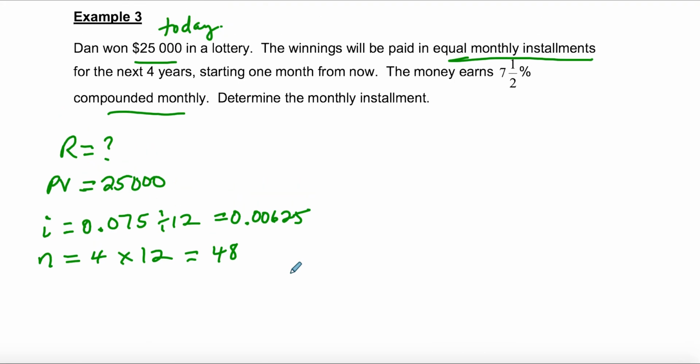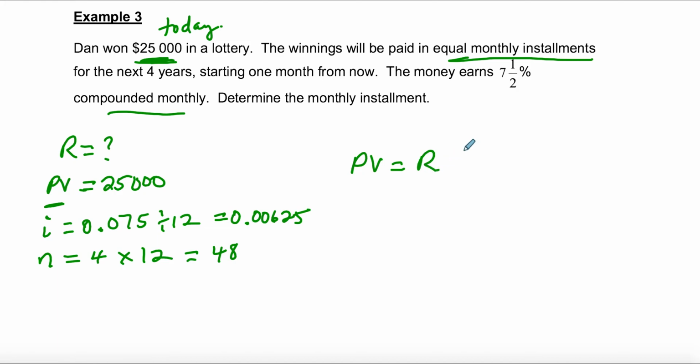Okay, so same formula, but I think you might notice this is a little different. It's talking about present value, so I have to use the present value formula. It's saying that he won this already. It's not that he's going to win $25,000 in 4 years. He won it today. So it's a little bit backwards, because I know the present value already.